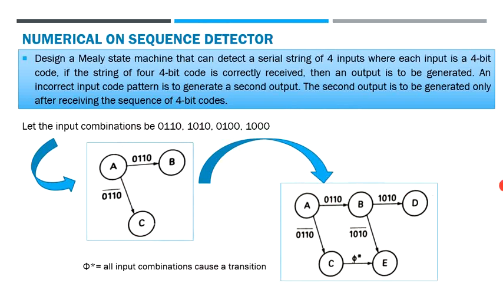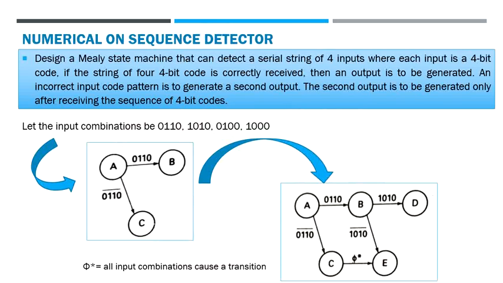So moving on to the second type of the numerical under sequence detector, they have specified that we need to design a Mealy state machine that can detect a serial string of 4 inputs where each input is a 4-bit code, and if the string of 4-bit code is correctly received, then an output is to be generated. An incorrect input code pattern is to generate a second output, and the second output is to be generated only after receiving the sequence of 4-bit codes.